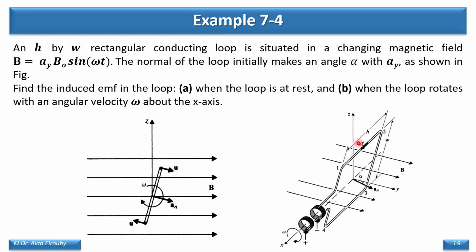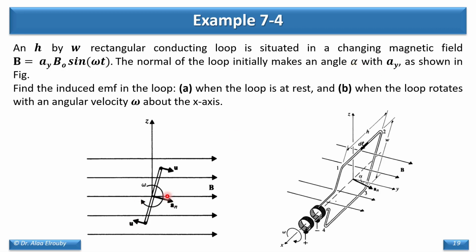the loop is rotating in this plane, rotating around the x-axis. Originally, we have an angle, as seen here, making an angle alpha with a_y.